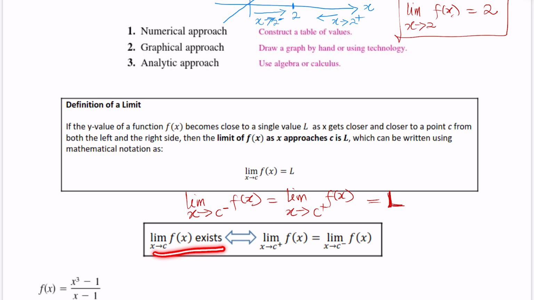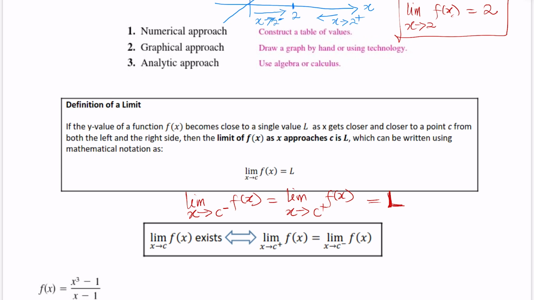So a limit exists if the limit as x approaches c from the right is equal to the limit as x approaches c from the left. If these two are the same, then we say the limit exists. So the limit of f of x as x approaches c from the right is equal to the limit of f of x as x approaches c from the left. If the two are the same, then we say the limit exists.